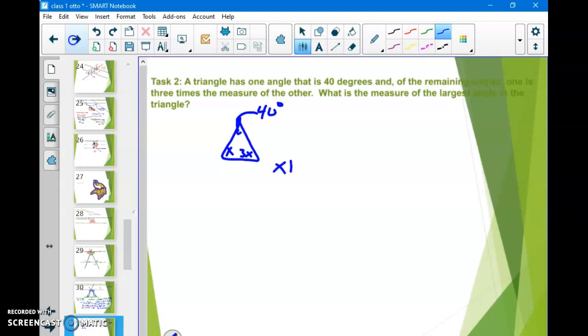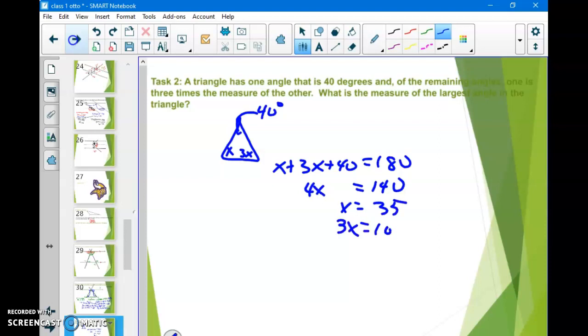Well, I'm going to say that x, 3x, and 40 add up to 180, which gives me 4x equals 140. So x must be 35. The 3x must be 105. And the last one that we know of is 40. And so the largest angle here is going to be the 105 degree angle. So that's the largest.